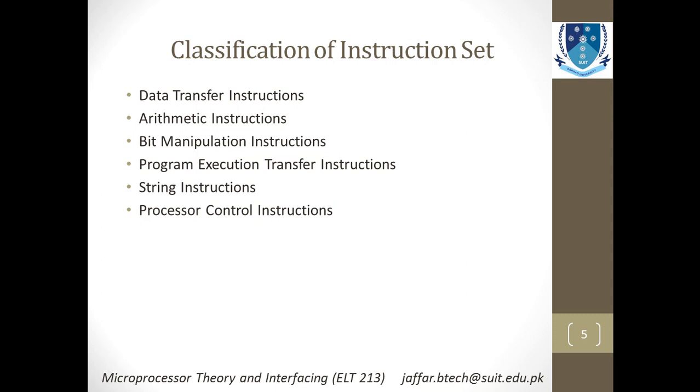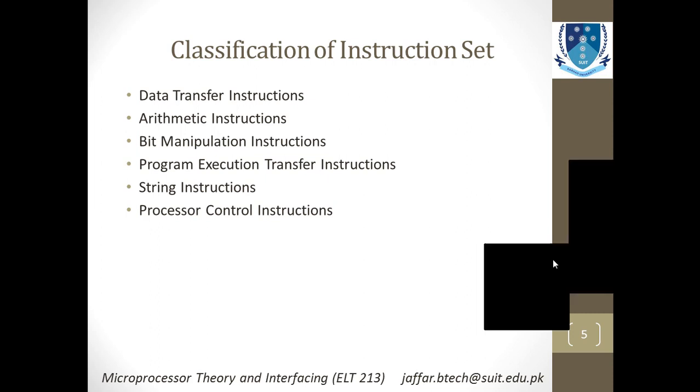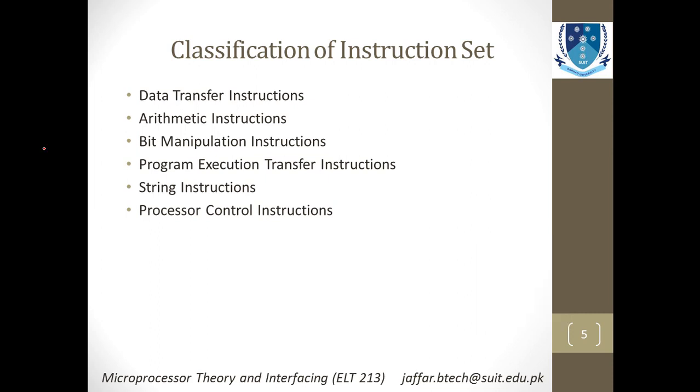Arithmetic, you know that we use the ALU, and the instructions that specify those functions are known as arithmetic instructions. After that, there are bit manipulation instructions. Now what is bit manipulation? If you want to manipulate a single bit of a byte, which has 8 bits, say you have a byte of 10101010, and you want to manipulate one bit, you only have to toggle it.